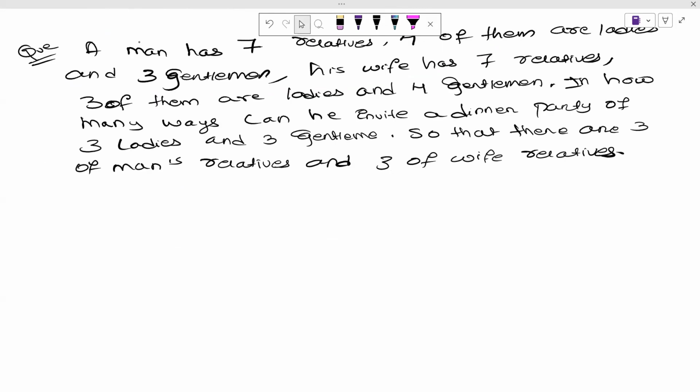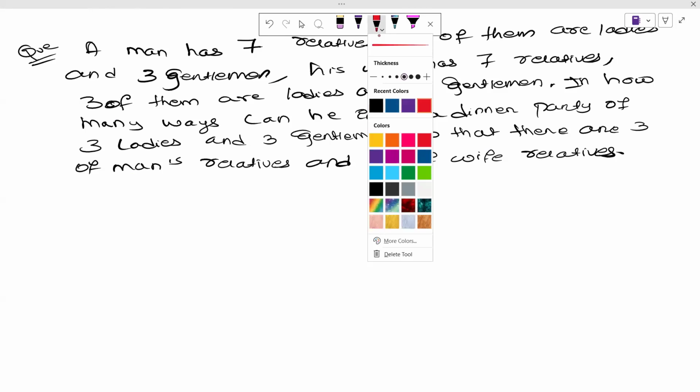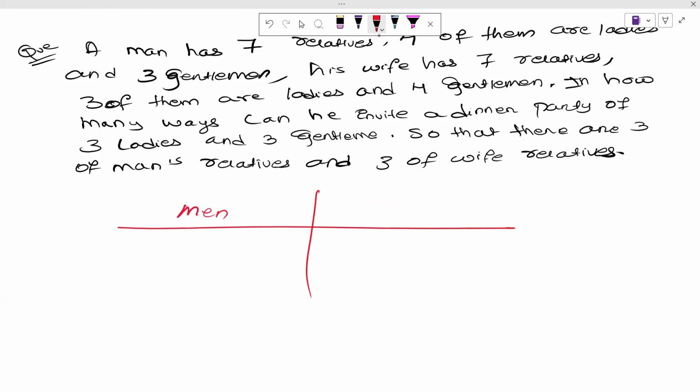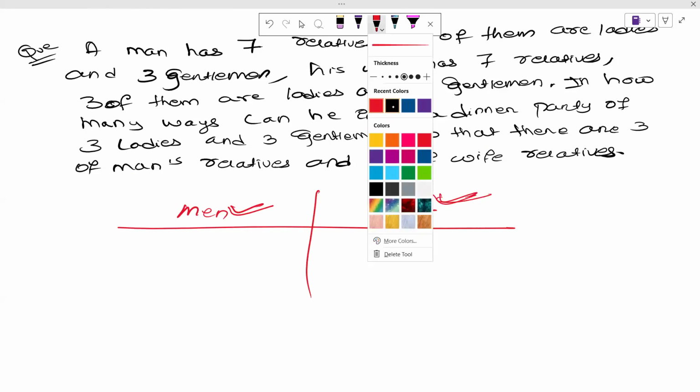Based on the question, there is one man, a couple, and his wife. From the man's side there are some relatives, and from the wife's side there are some relatives. They want to have a dinner party and call their relatives. What is the condition?